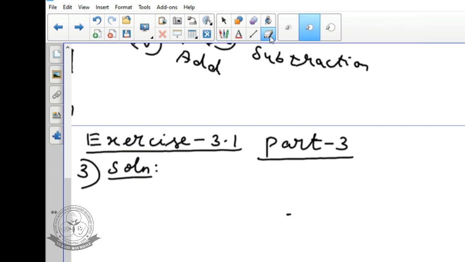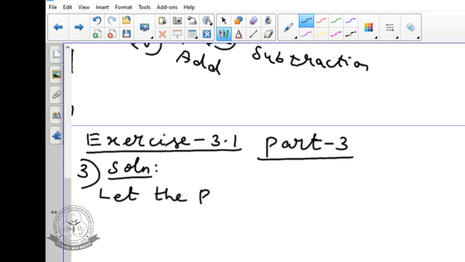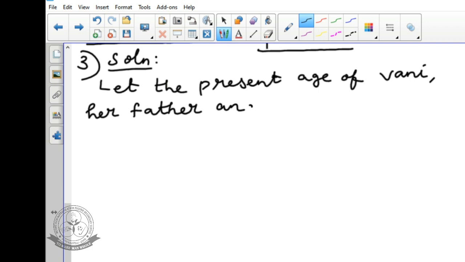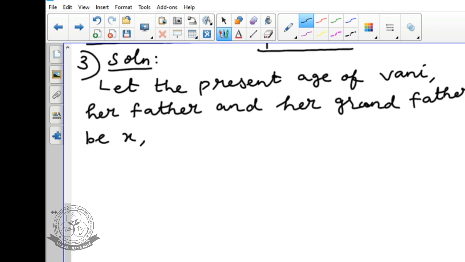Let the present ages of Vani, her father and her grandfather be assumed. The present age of Vani is X, her father is Y, and her grandfather is Z. So X denotes the age of Vani, Y denotes the age of her father, and Z denotes the age of her grandfather respectively.